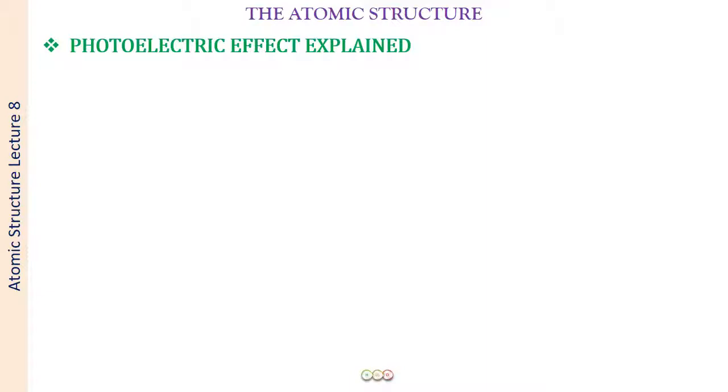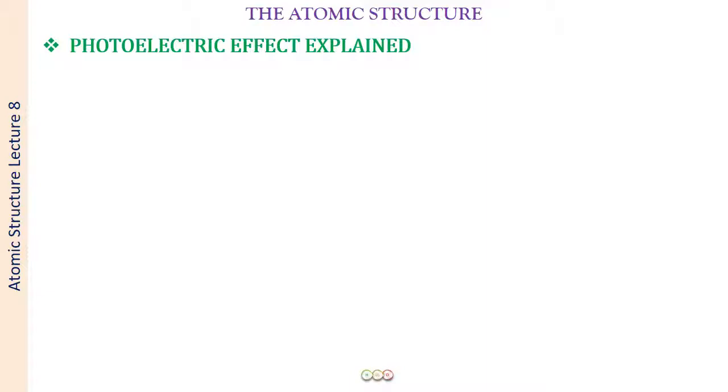So by increasing intensity alone, it should have been possible to cause emission of the electron, and also the kinetic energy of the ejected electrons should have been proportional to the intensity of light. But we have seen that by increasing intensity alone, there is no emission of electrons, and the kinetic energy of the electrons is also not proportional to the intensity.